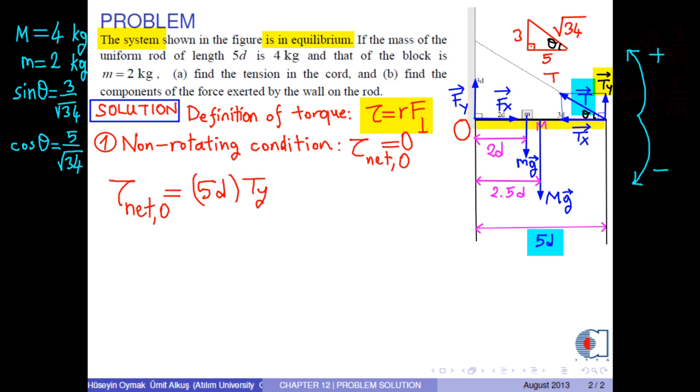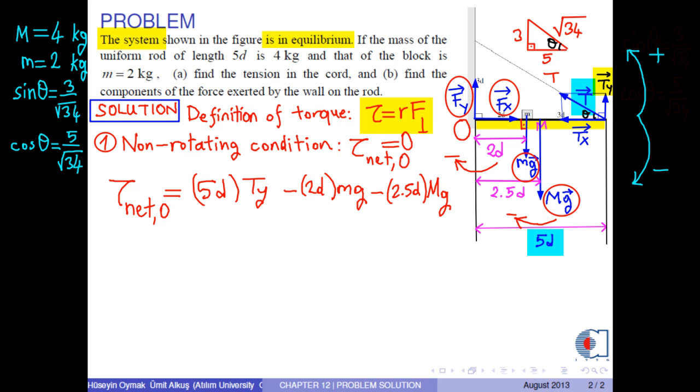And the torque due to block M is 2d times mg, which is negative. Finally, the torque due to the rod is negative 2.5d times capital Mg. As you see, torques due to Fx and Fy are 0, because the application points are at point O.